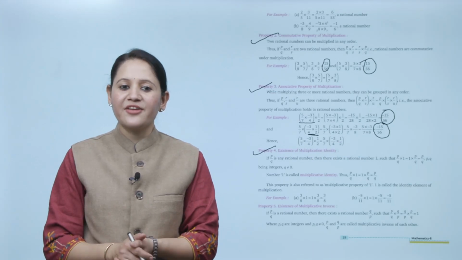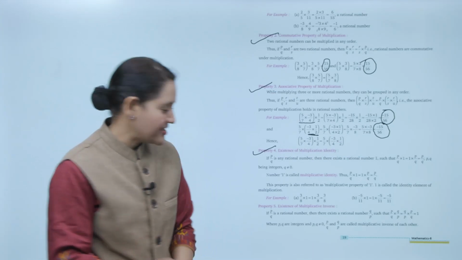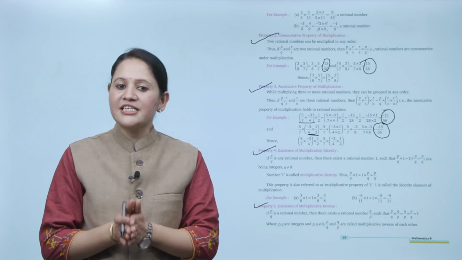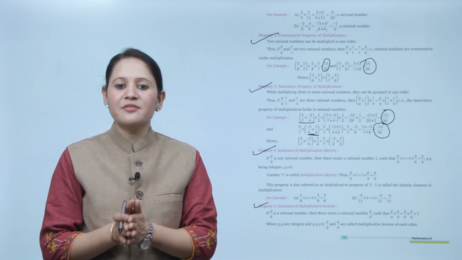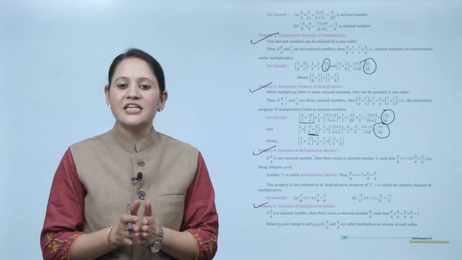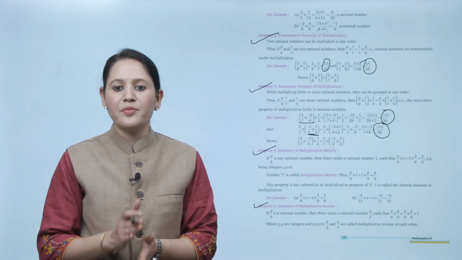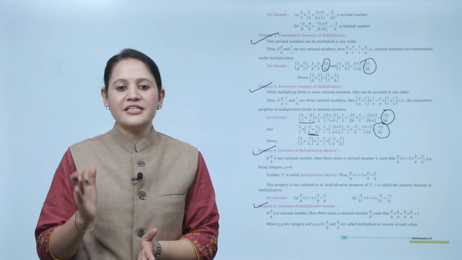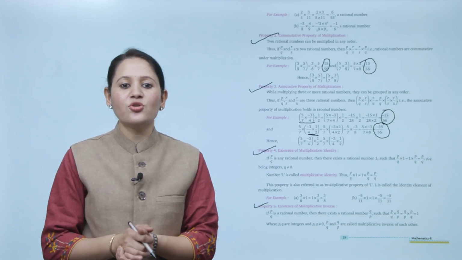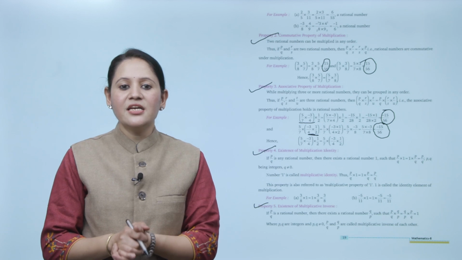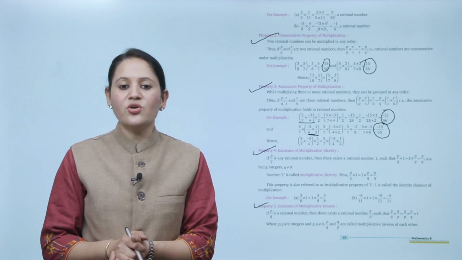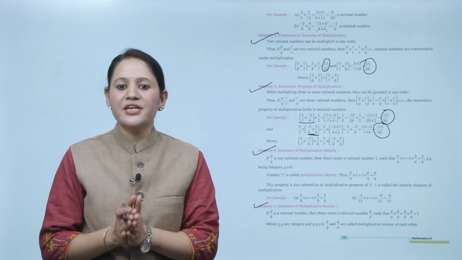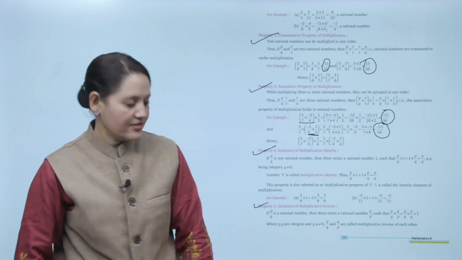Next is property 5, existence of multiplicative inverse. If P upon Q is a rational number, then there exists a rational number Q upon P such that P upon Q into Q upon P, that is equals to Q upon P into P upon Q, that is equals to 1, where P and Q are integers and P, Q that is not equals to 0, then P upon Q and Q upon P are called the multiplicative inverse of each other.